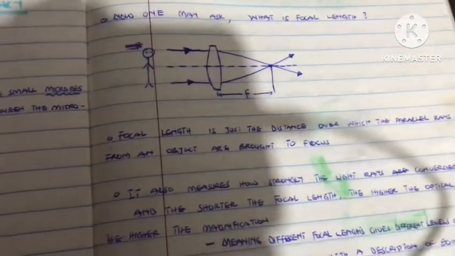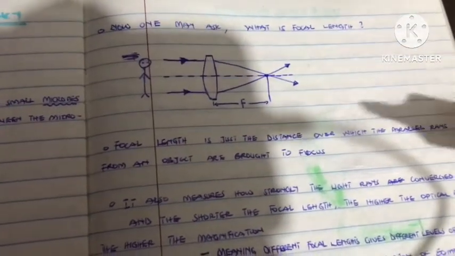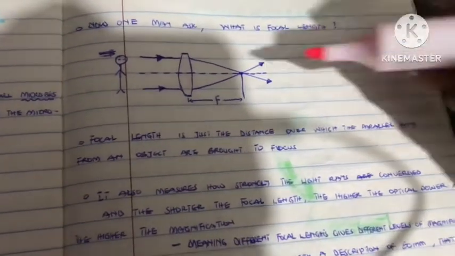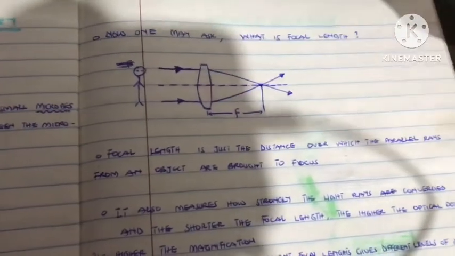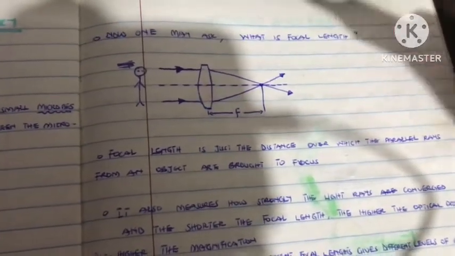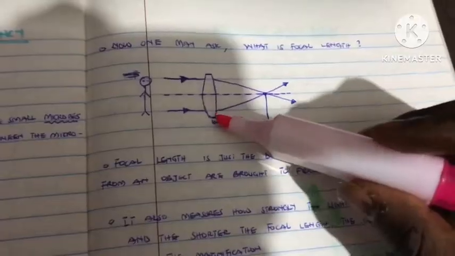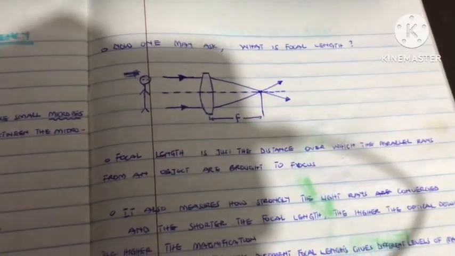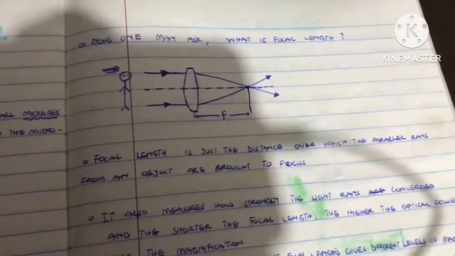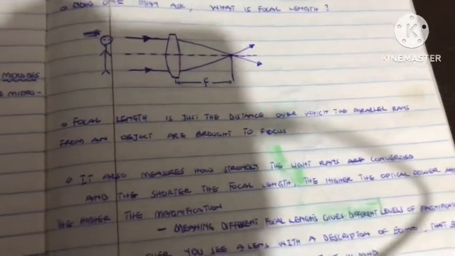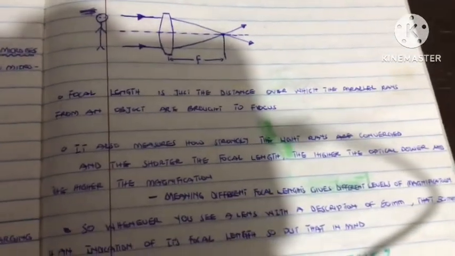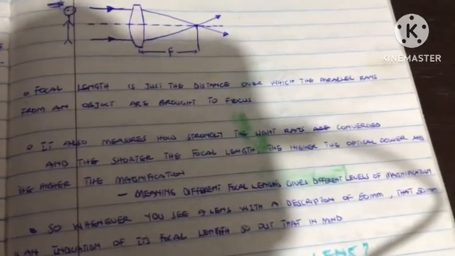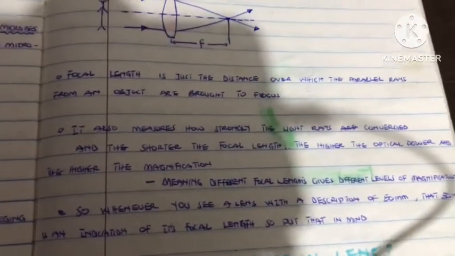a higher magnification. But if the focal length is long, it means that the optical power of this lens is weak, and therefore it brought the light rays into focus at a longer distance, and that gives a lower magnification. Hope you understand. So that's how focal length affects magnification.